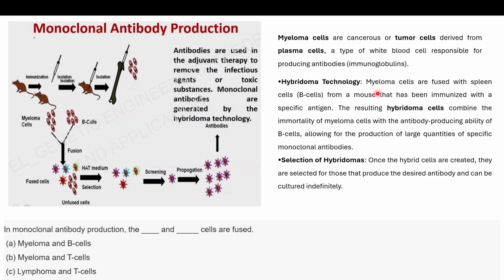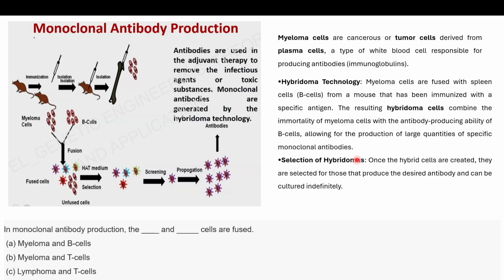Now, what happens in hybridoma technology? Myeloma cells, which can proliferate, are fused with spleen cells, from where we can get B cells from a mouse that has been immunized with a specific antigen. The resulting hybridoma cells combine the immortality of myeloma cells, the tumor cells, with the antibody producing ability of the B cells, allowing for the production of large quantities of the specific monoclonal antibodies.